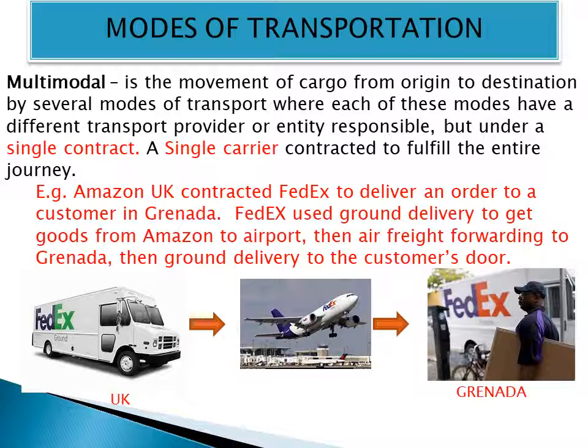So we see here that whether you're using intermodal or multimodal, there are several modes that are being utilized, which means methods of transporting. However, each of these modes has a different transporter, but it's a single contract. So you are giving a single carrier a contract to fulfill the entire journey.